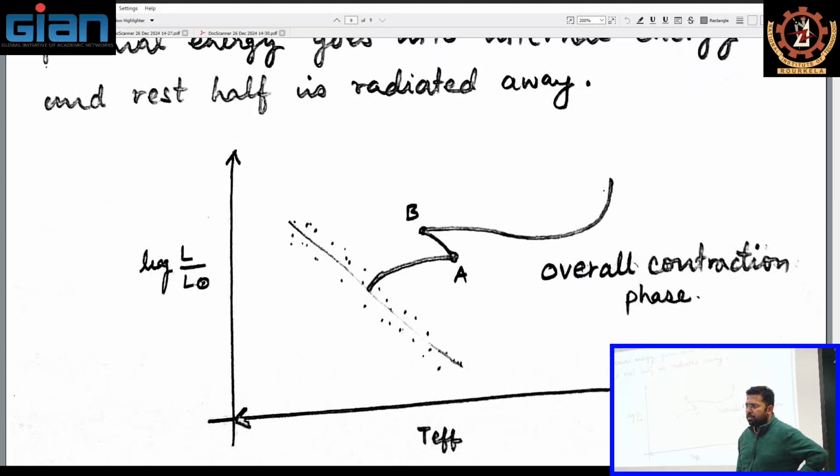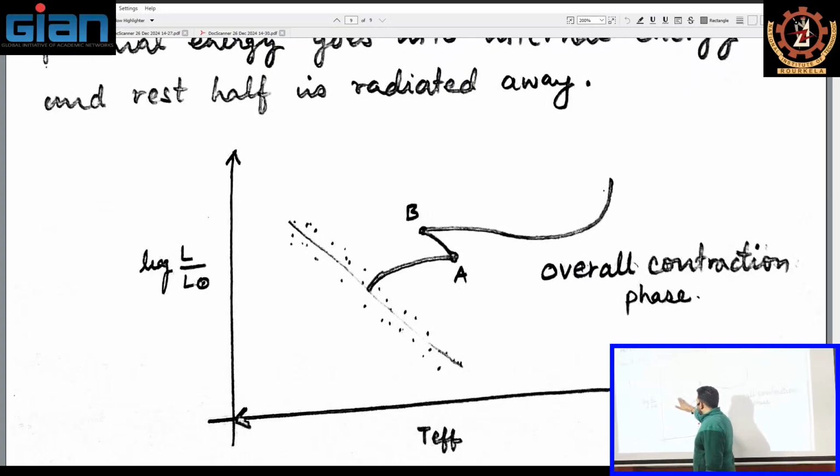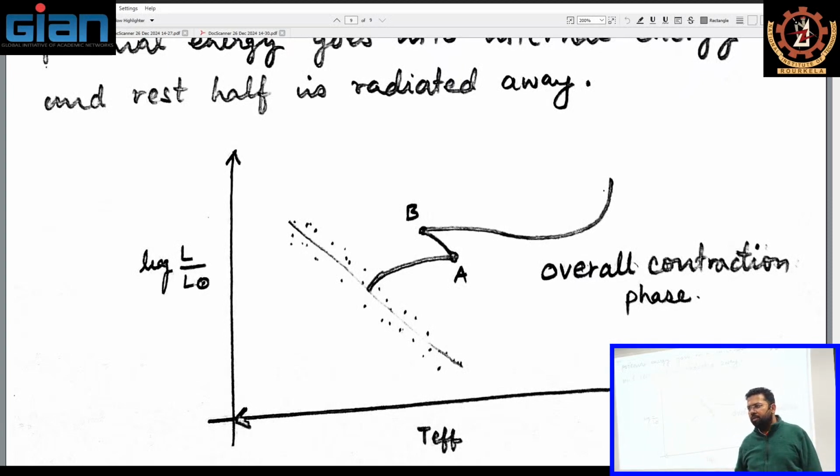If you try to put many stars, let's say several thousands of stars, in this diagram, you will find that in star clusters, for example, most of the stars lie in a particular region of the HR diagram. We call this region the main sequence. The criterion for a star to be on the main sequence is that the star is burning hydrogen inside. So the main nuclear reaction is hydrogen burning.